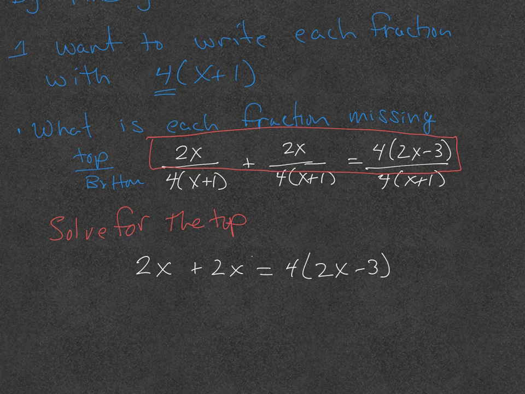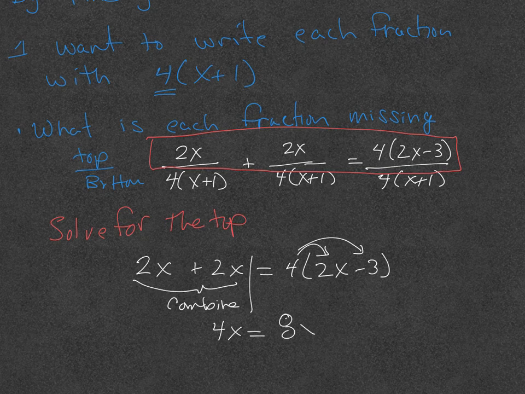Now, on this side of the equation, this is a combine like terms. That gives me 4x. On this side, I go through and distribute, which gives me my 8x minus what? Minus 12.